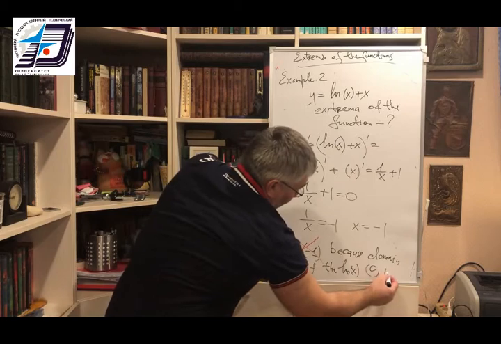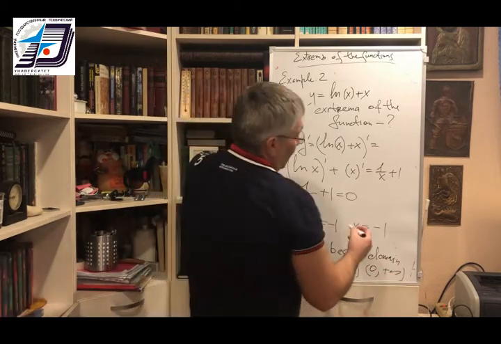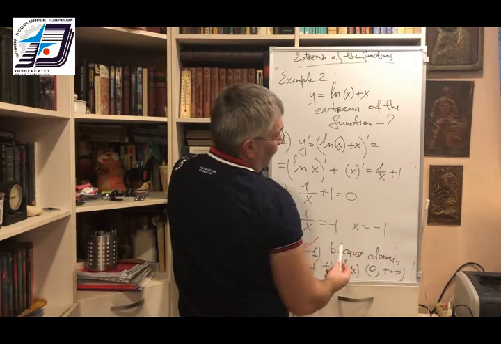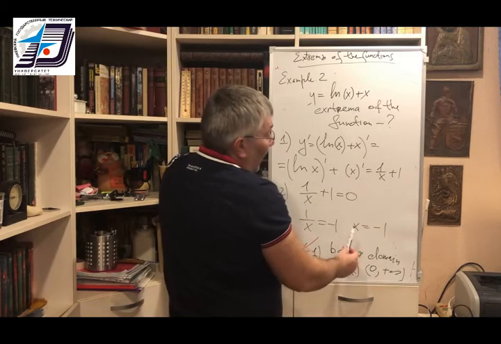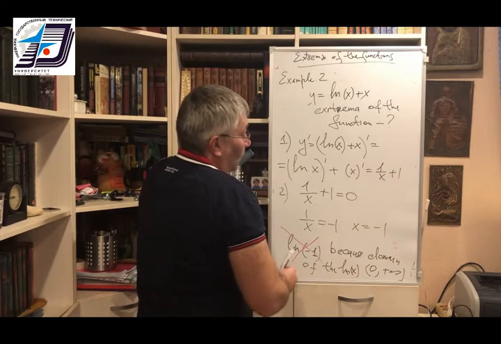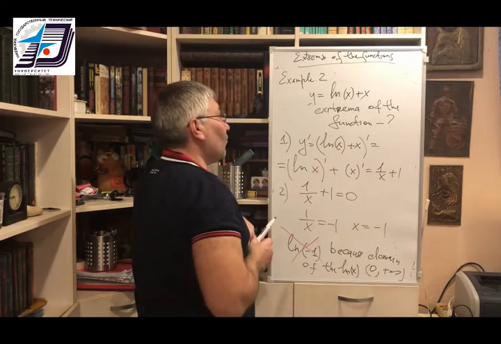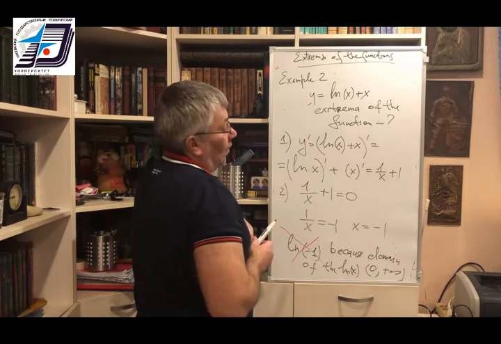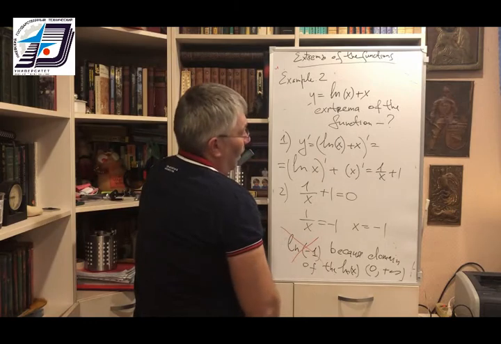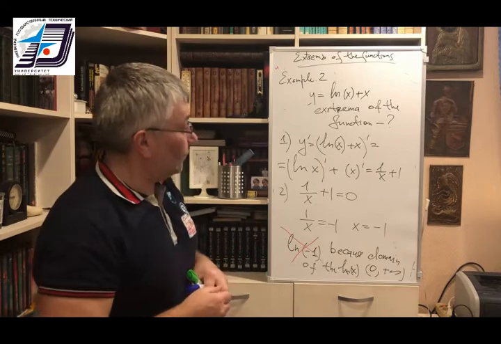from 0 to plus infinity. So even though we have the zero of this derivative of the function, we don't have the extrema of the function ln x plus x, because the domain of this function is restricted by the domain of the logarithm.